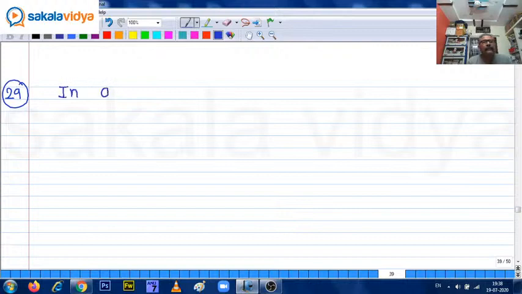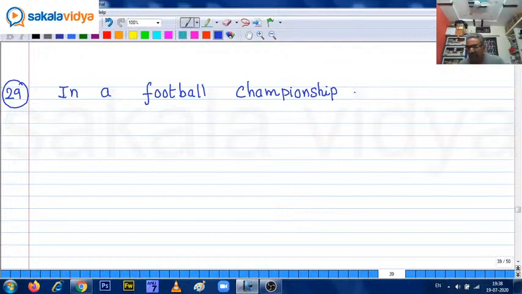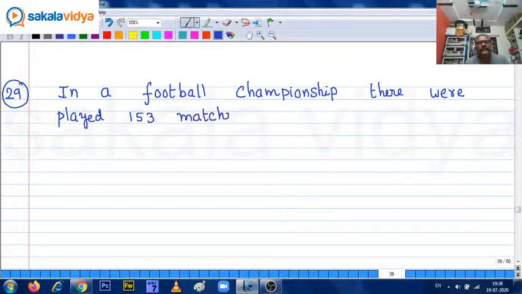In a football championship, there were 153 matches played.